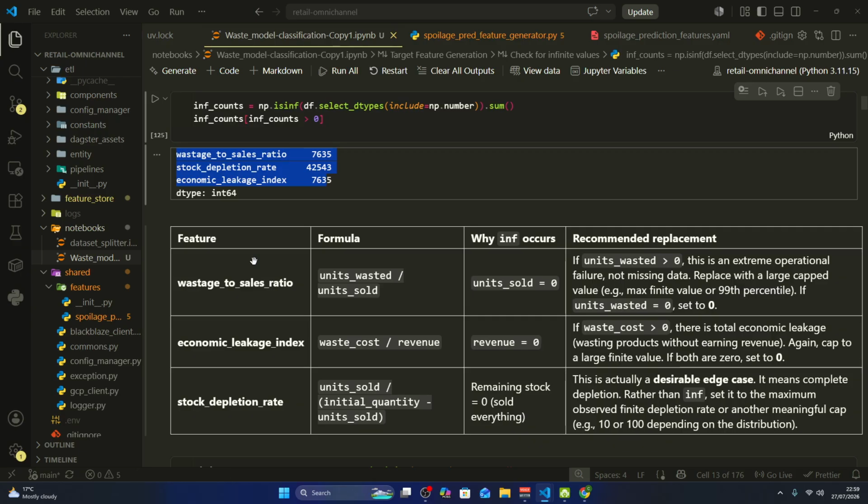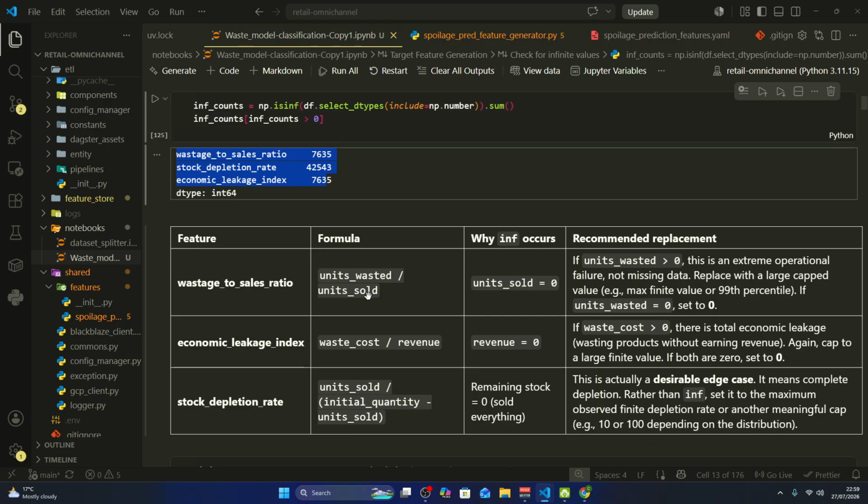One thing that I think results in this infinite value is the mathematics that we used when we were generating these features. To alleviate that problem, what I did was, for example, the formula units wasted divided by the units sold.